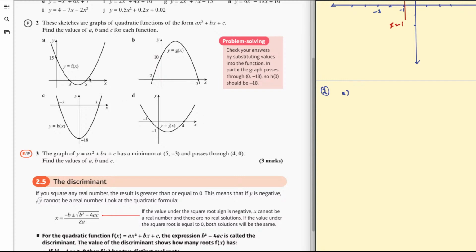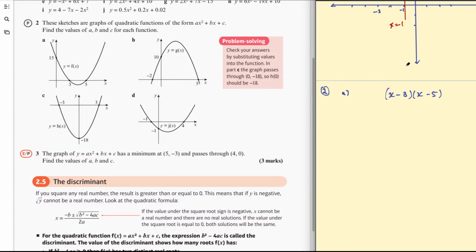Looking at the x-intercepts, we can say that x take 3 multiplied by x take 5 is the function, right?